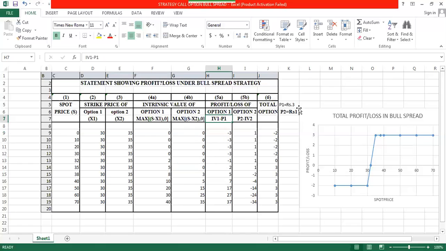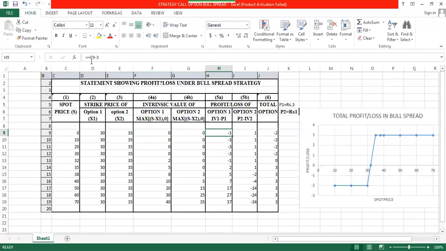The profit is the difference between intrinsic value and premium paid when the call option has been purchased. The formula is IV1 minus P1. This is your IV1, intrinsic value 1, and P1 means, as already mentioned, the premium is 3. For the first option IV1 is 0 and premium is 3, so 0 minus 3 is minus 3.